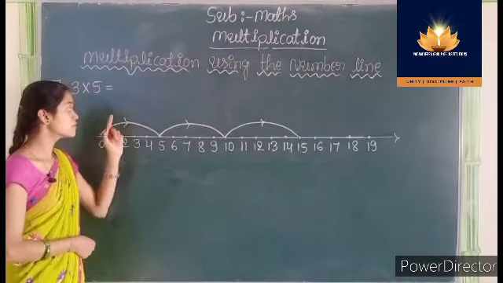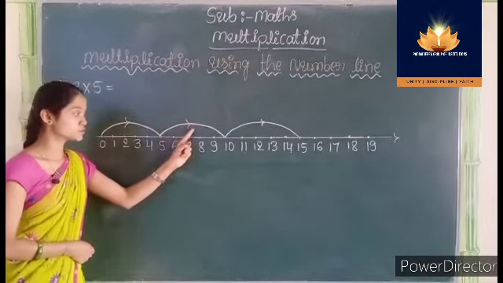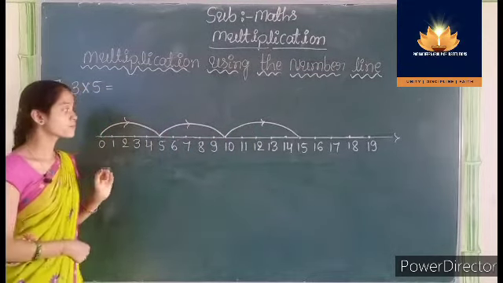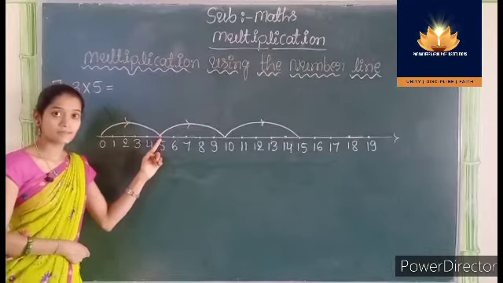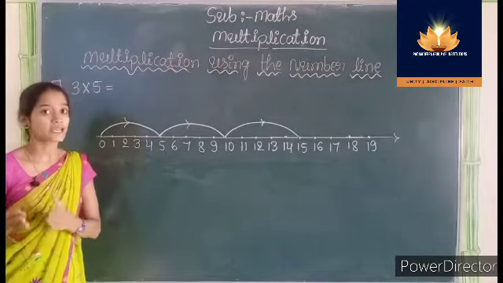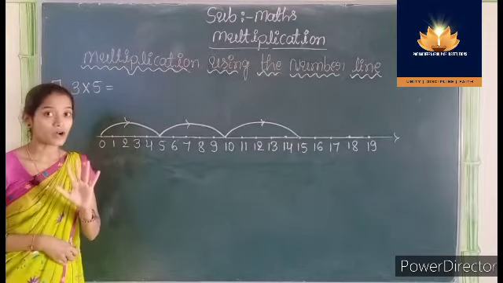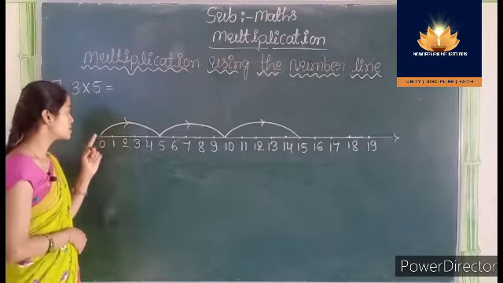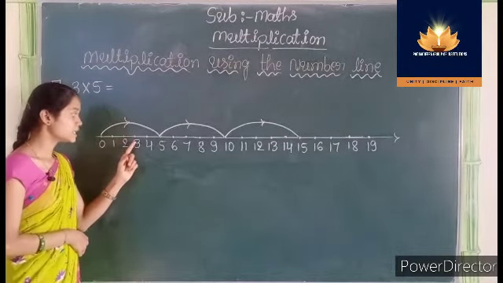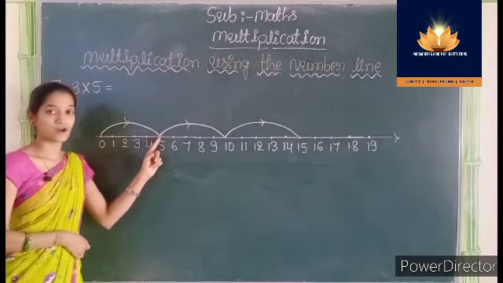There are 1, 2, 3 jumps, and each jump covers 5 stages or gaps. 0, 1, 2, 3, 4, 5.